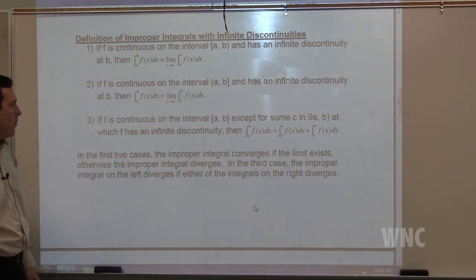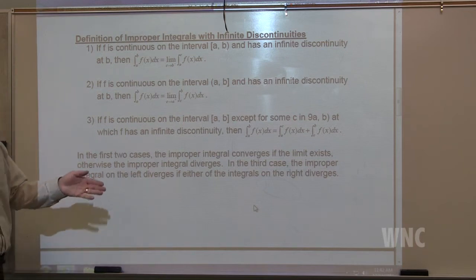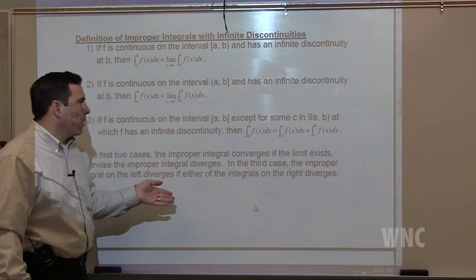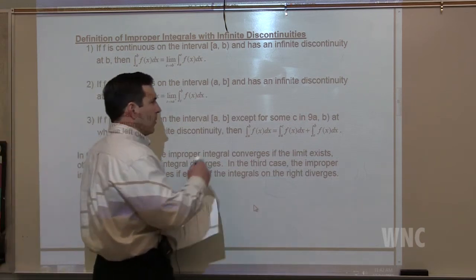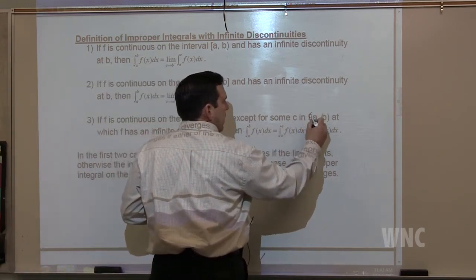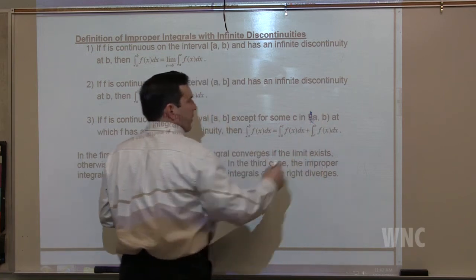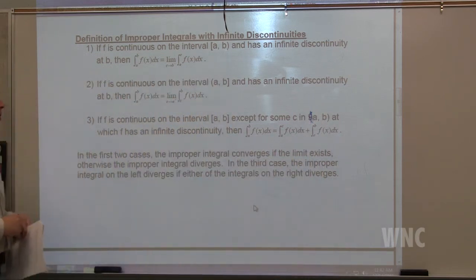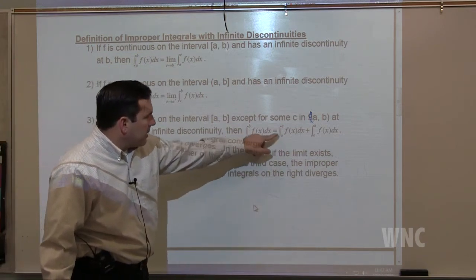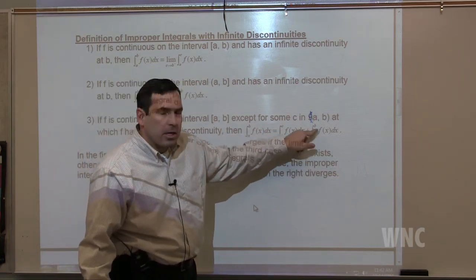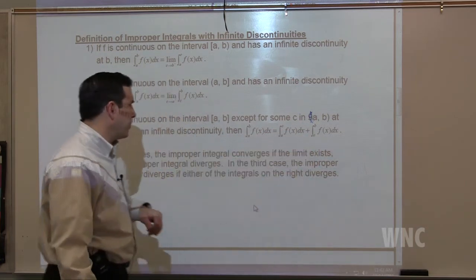If it's discontinuous at a, then we can do the limit as c approaches a from the right side from c to b. So if it's discontinuous in some place in the middle, and there's a typo here, except for some c in the interval a, b. So if it's discontinuous at c, you can do the integral from a to b of f of x dx is a to c of f of x dx plus c to b of f of x dx. You can split your interval up.